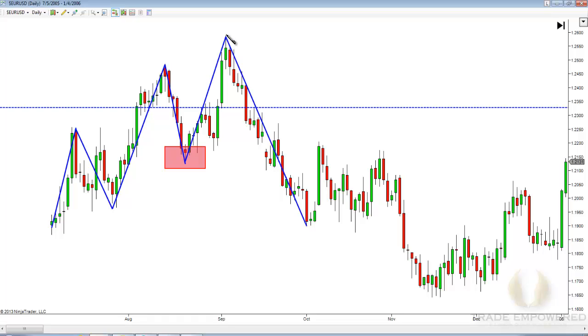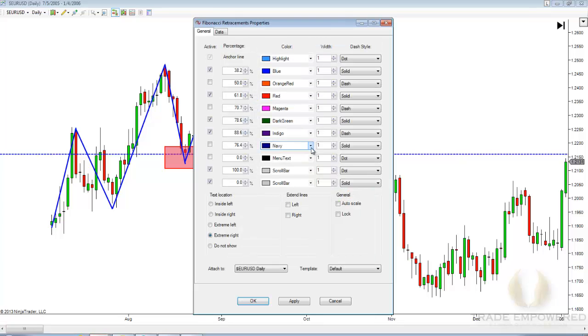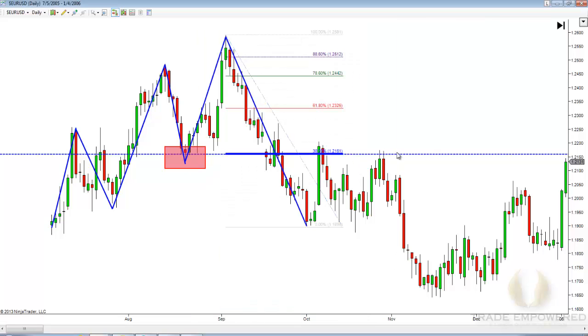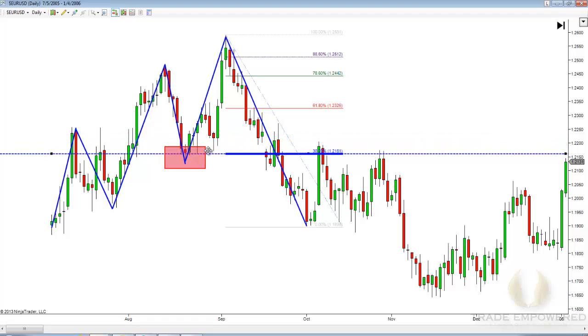So I'll take my Fibonacci retracement tool, just like before, swing high to swing low of this impulse leg, and what do you know? I'll see that my 382 Fibonacci retracement, let me thicken this up for you some, comes in at the same level as this structure, giving me more confirmation that this is going to be a key level in the market.